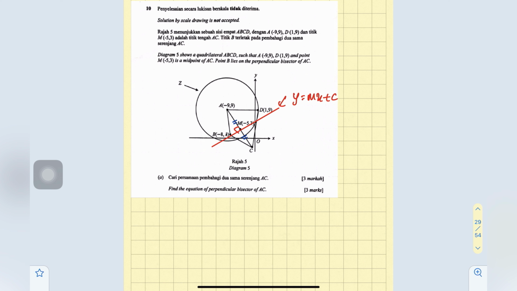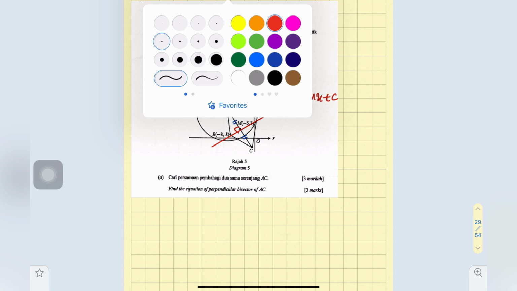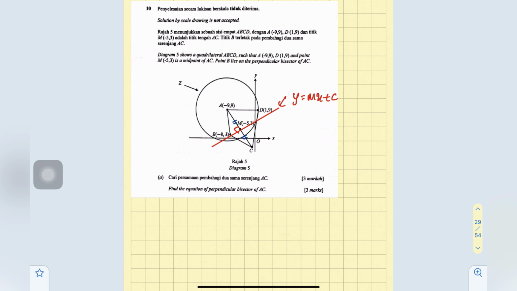Okay, so then kita boleh cari gradient dulu. Gradient AM dulu, AM equals to Y2 minus Y1 over X2 minus X1. Okay, so 9 minus 3 over negative 9 plus 5, which is equals to negative 3 over 2.